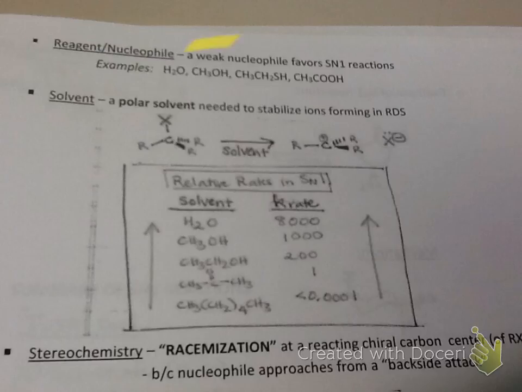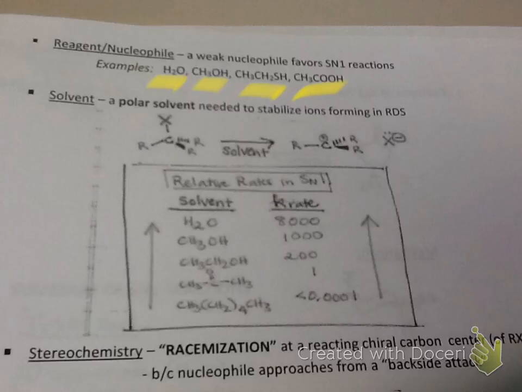So we want weak or poor nucleophiles for these reactions. These are not negative nucleophiles. These are neutral nucleophiles, like water, alcohols, thiols, the sulfur version of an alcohol, and carboxylic acids. Notice none of these have a negative charge. Most of them are oxygens, but these are your poor nucleophiles.